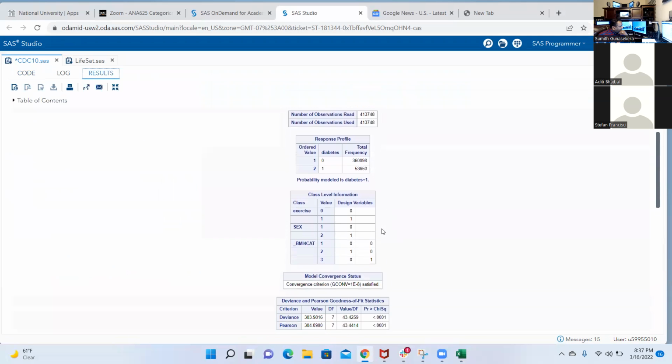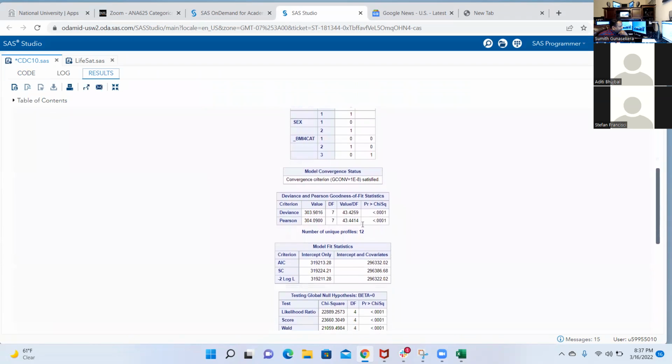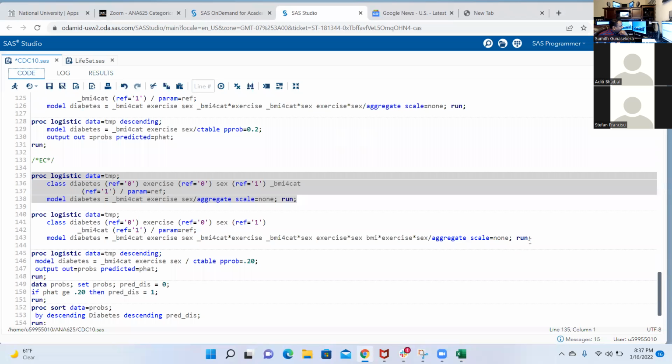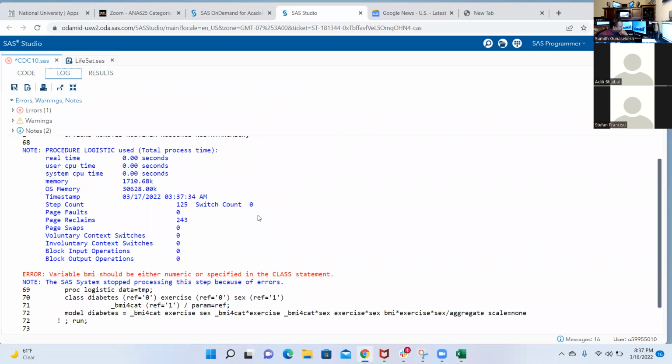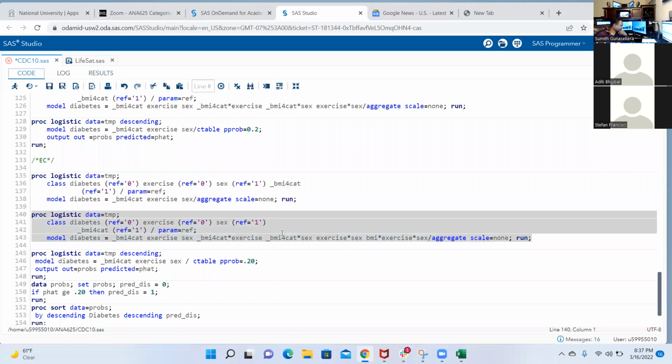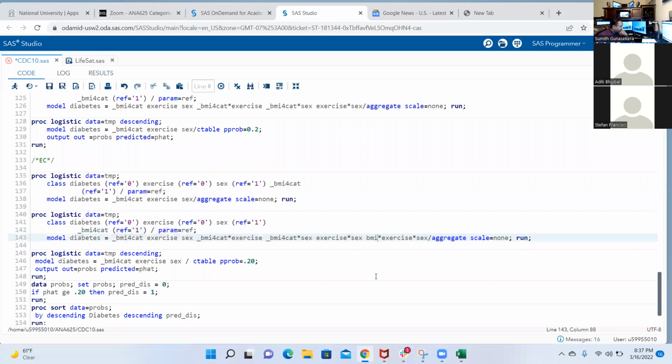Okay, where's the deviance value? 303.33. Okay, keep that value. Yeah, 296, keep it. And we run this one. In the last one, BMI.